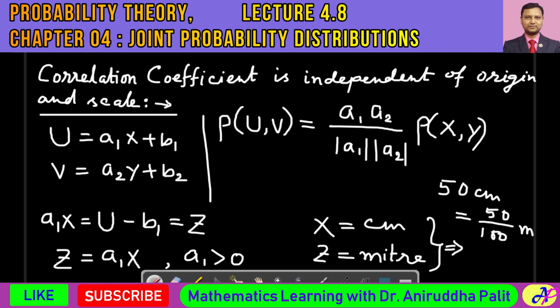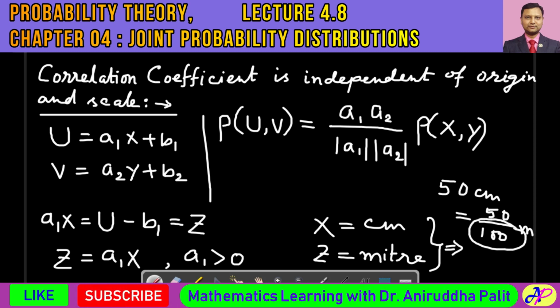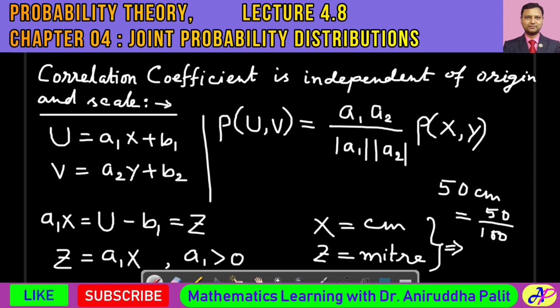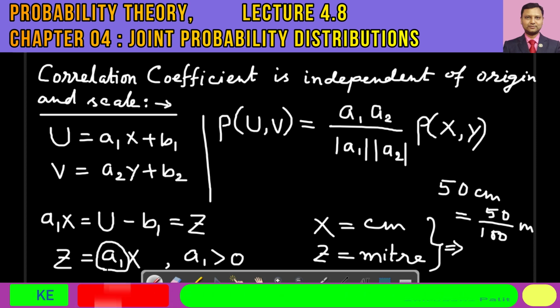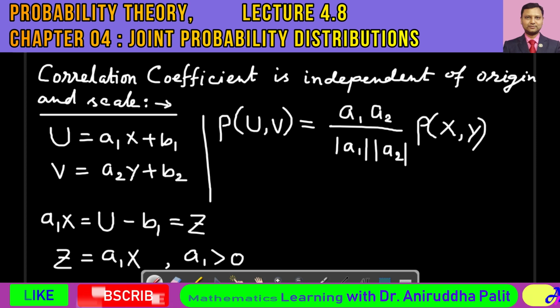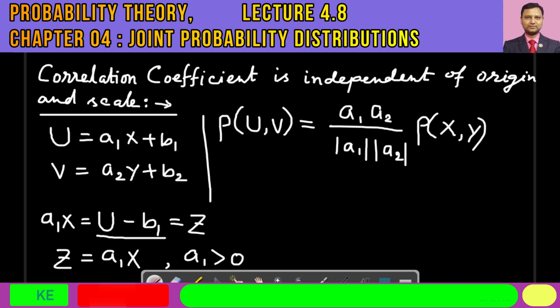Therefore, division by 100 or multiplication by 100 would actually change the scale of the measurement. Therefore, over here we can say that this a1, multiplication by a non-negative scalar, would actually represent the change in scale.